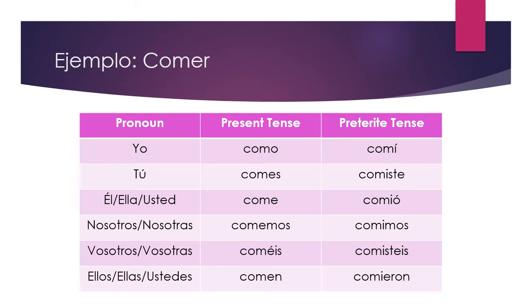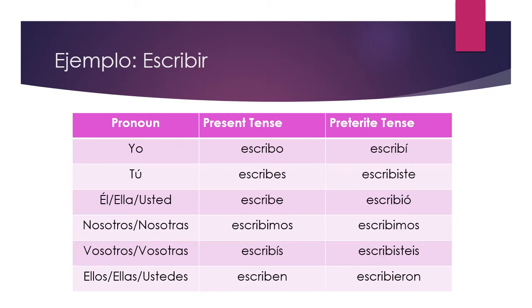In the preterite tense, it's yo comí, tú comiste, él, ella y usted comió, nosotros y nosotras comimos, vosotros y vosotras comisteis, and ellos, ellas o ustedes comieron.